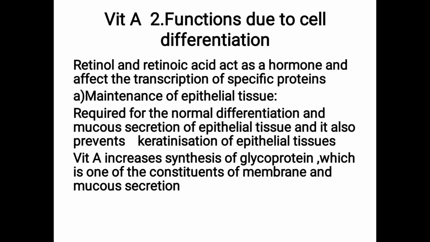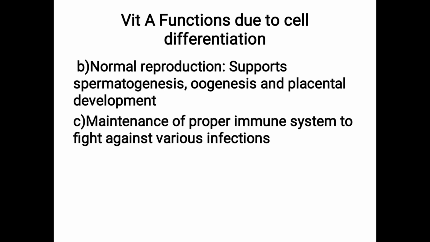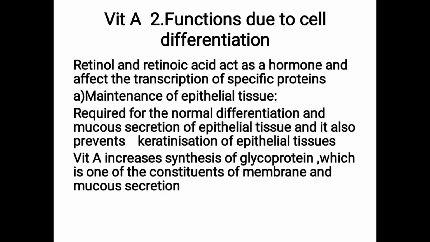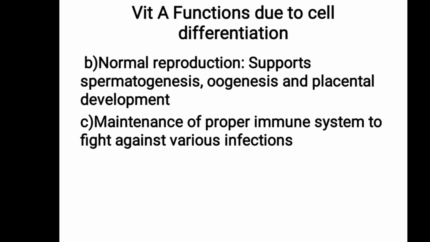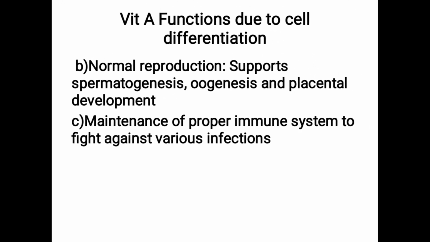Vitamin A increases the synthesis of glycoprotein, one of the constituents of the cell membrane and of mucus secretion. So this is the first one, maintenance of epithelial tissue. The second is normal reproduction: vitamin A supports spermatogenesis, the formation of sperm, and oogenesis, the formation of eggs, and placental development.